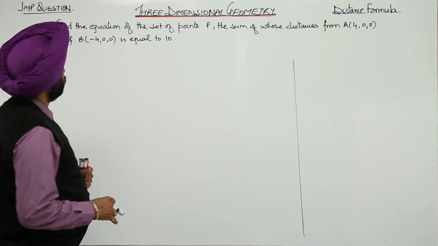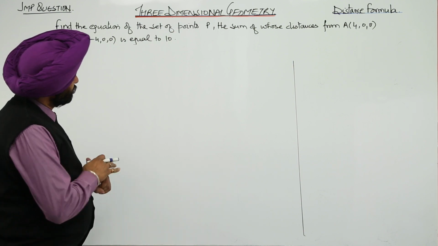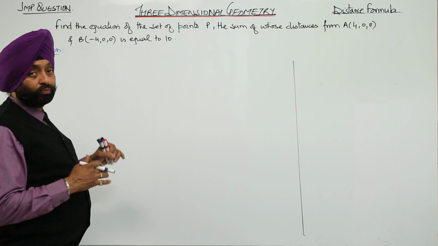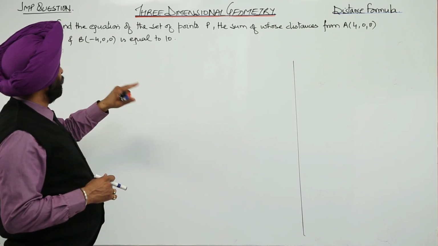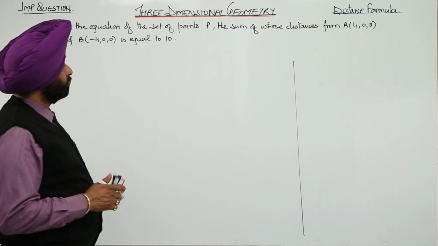In this question we have to find the equation of the set of the points P, given that the sum of the distances from the point A to P and B to P is equal to 10.